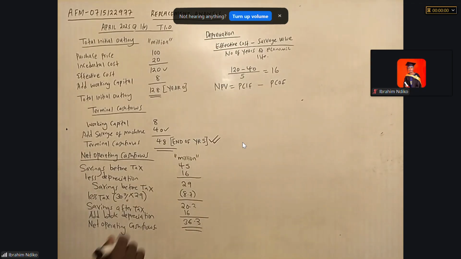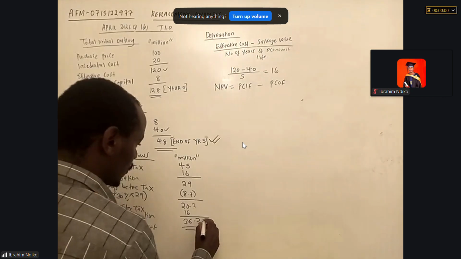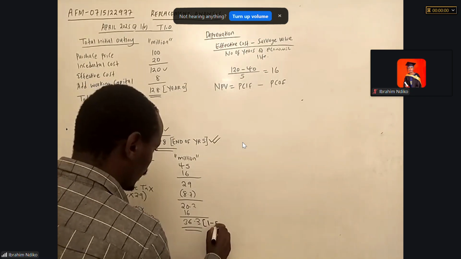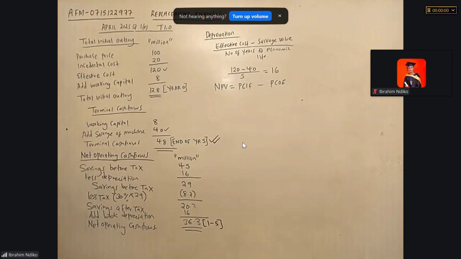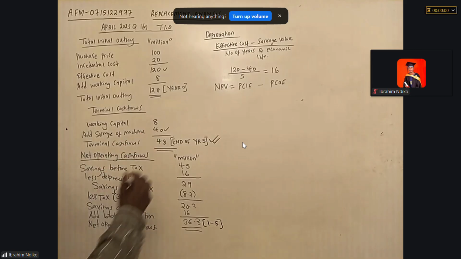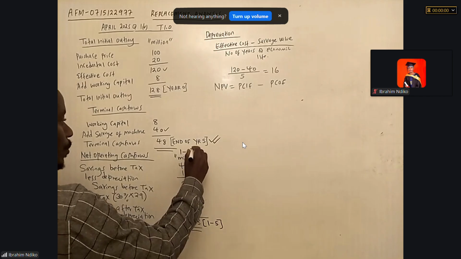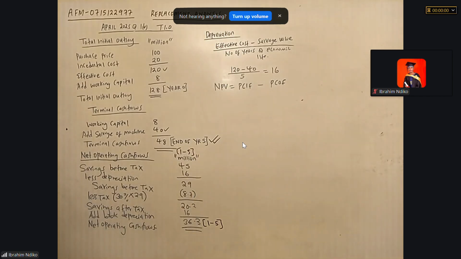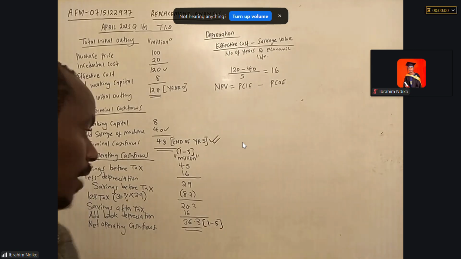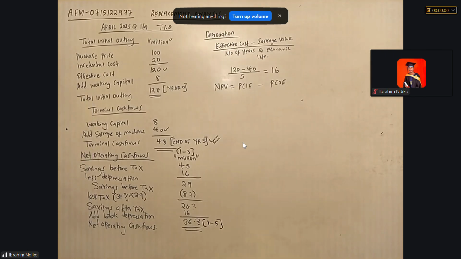And then this, which is every year from year 1 to year 5. Remember, the cash flow is the same from year 1 to year 5. So mwaka wa kwanza ni 36.3, mwaka wa pili 36.3. So kila mwaka tuna expect the same cash flow of 36.3 million.